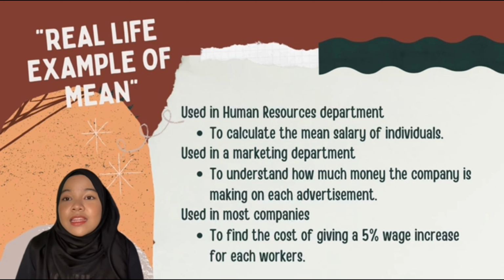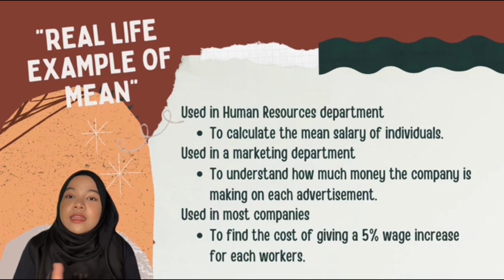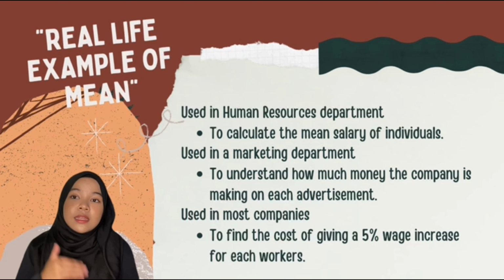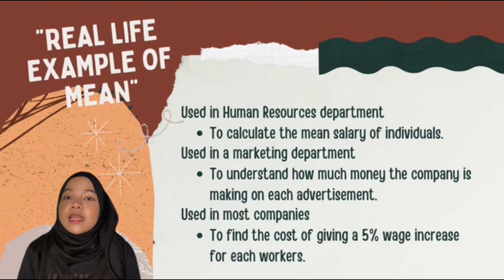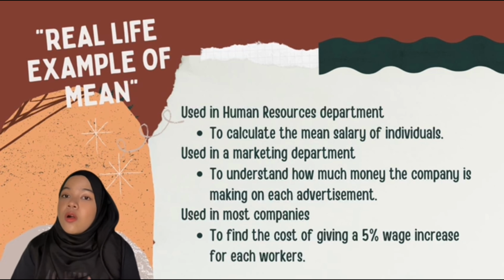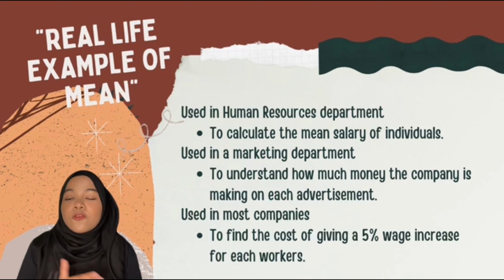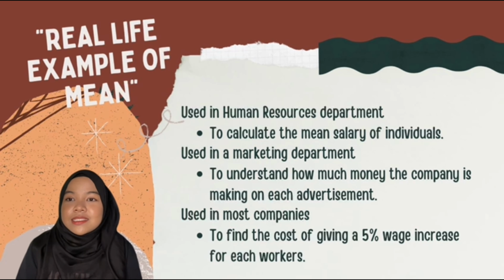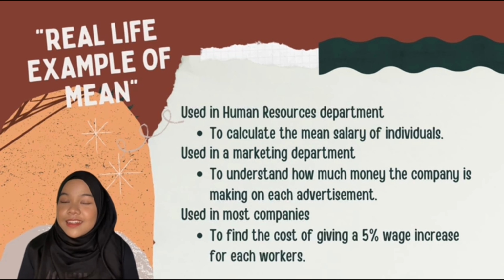This can be done if we only know the mean wage of the company and the number of employees. Since the mean is just the total value divided by the number of data points, the total cost of a 5% wage increment for all workers sums up to 5% of the mean multiplied by the number of workers. It's as simple as that.